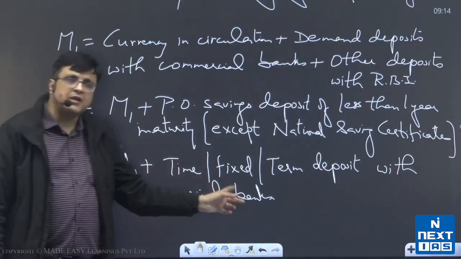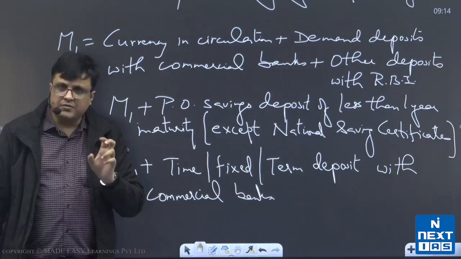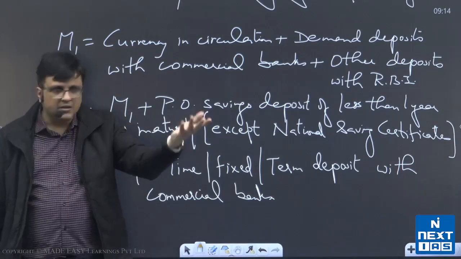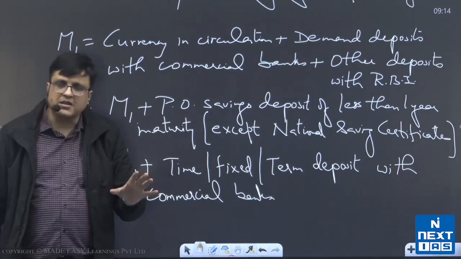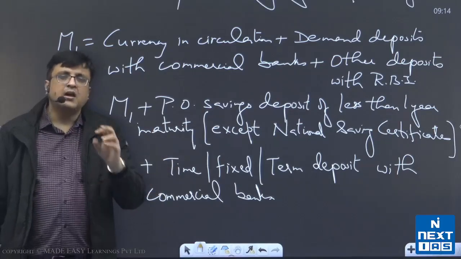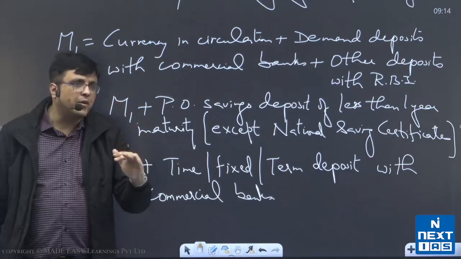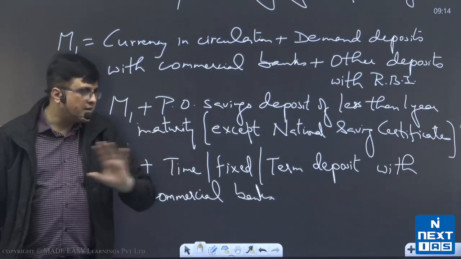I believe you understand fixed deposit, deposits which cannot be withdrawn freely. If there is a fixed deposit, you have kept it fixed for a period of time in the bank and you cannot withdraw it freely. Such deposits are called fixed deposit. अभी फिक्स डिपॉजिट के ही ये अलग अलग नाम है, टर्म डिपॉजिट, टाइम डिपॉजिट, फिक्स डिपॉजिट, ये सब एक ही चीज को कहते हैं. ऑलराइट, नेवर गेट कंफ्यूज्ड.